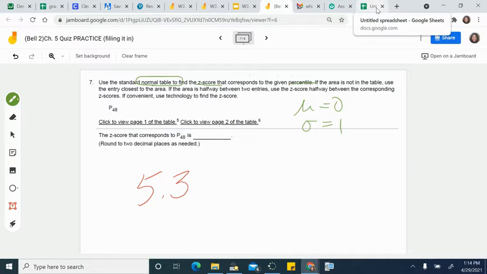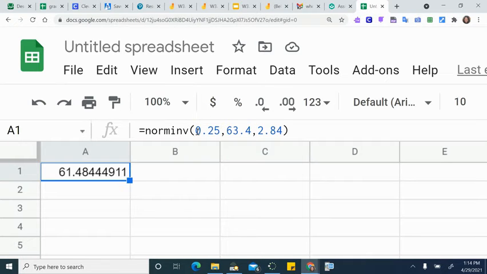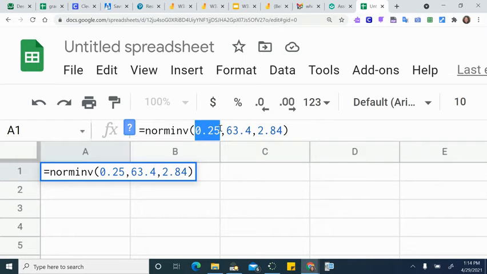P48 means that my percentile is 0.48, 48%. So I'm going to put in here, instead of 0.25, 0.48. Instead of the mean here, we're going to put 0 for z-score. And instead of the standard deviation, we're going to put 1 for z-score.